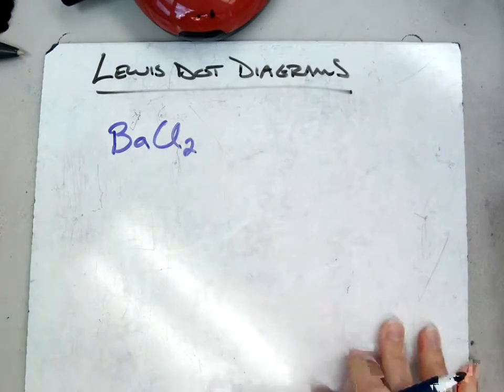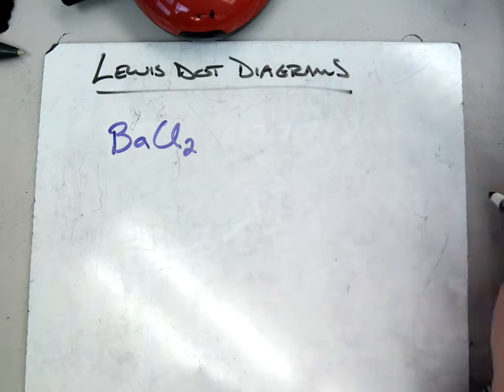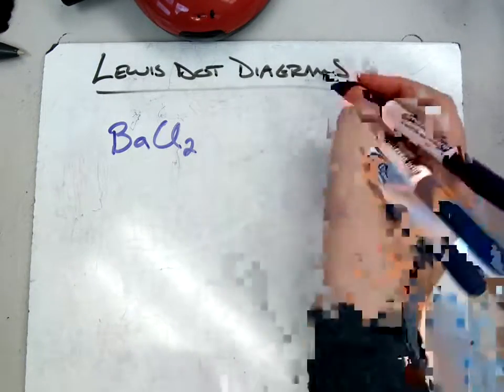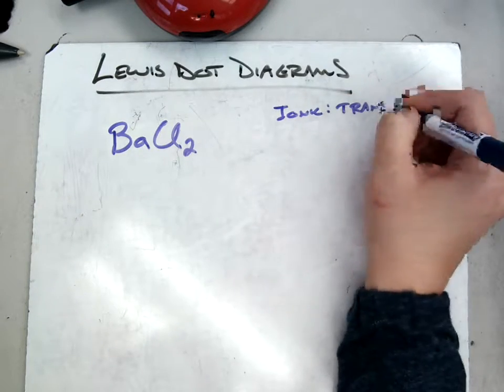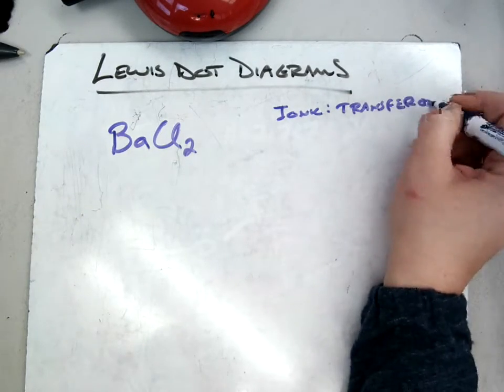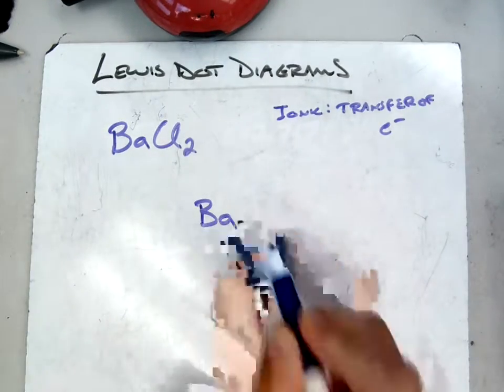Okay, now let's do an ionic. Here's barium chloride. Totally different process for ionic because I need to have the nonmetal steal electrons from the metal. For ionic, it's a transfer of electrons. So let's show them with their starting valence electrons.